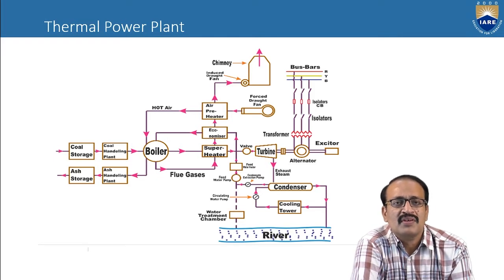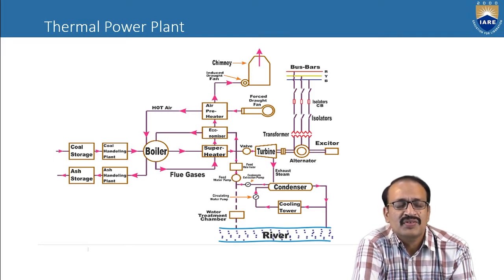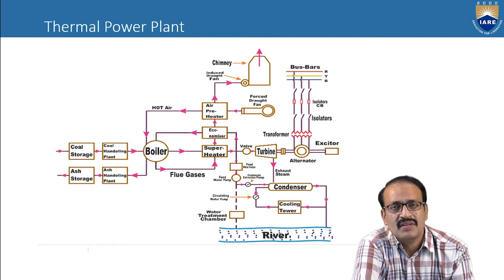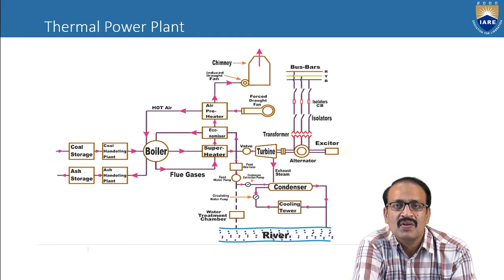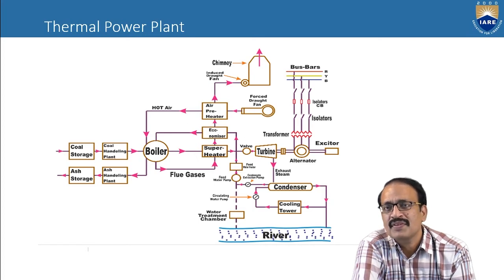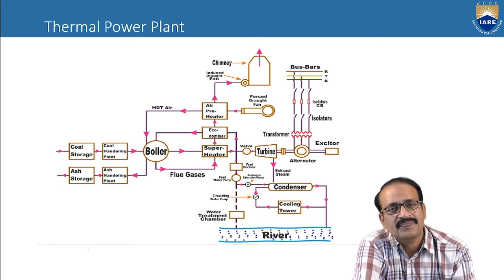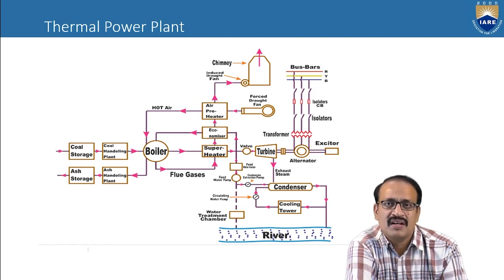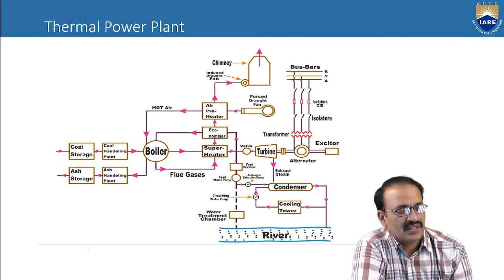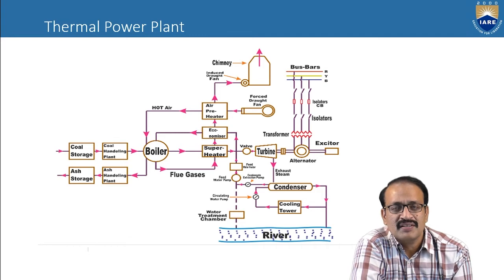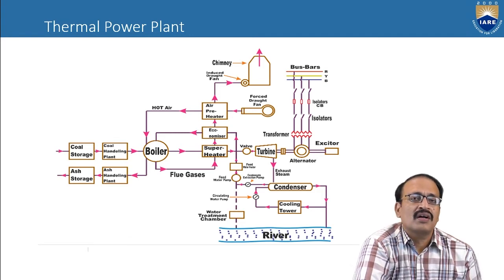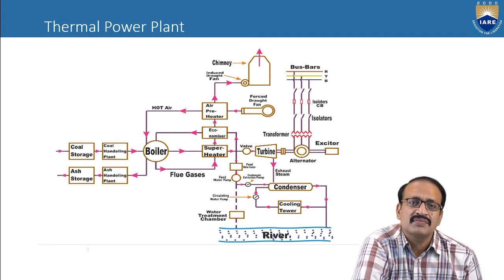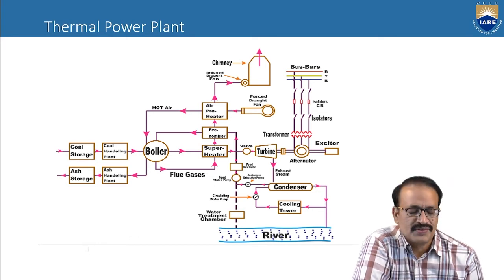From there we send this coal to the boiler where the water is heated to steam, and after the burning of the coal in the boiler, the ash is collected and sent to the ash handling plant and stored, and this ash can be used for some other industrial purposes.